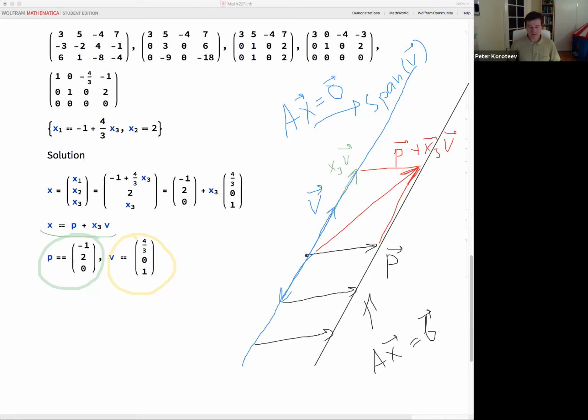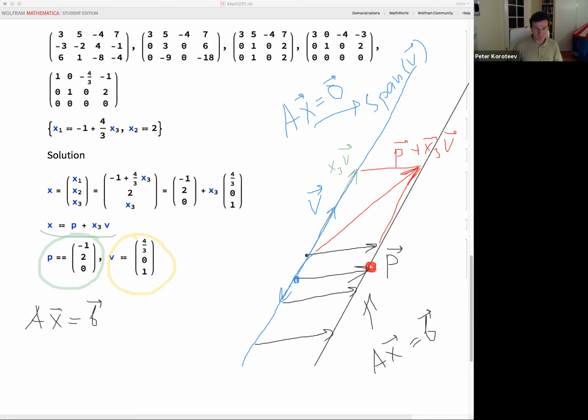Now, how can we describe in general what's going on here? If we have an equation Ax equal to b, how can we describe the space of solutions? For example, how to describe any point on this line? Well, we know that this point is vector p away from some point on this blue line, right?